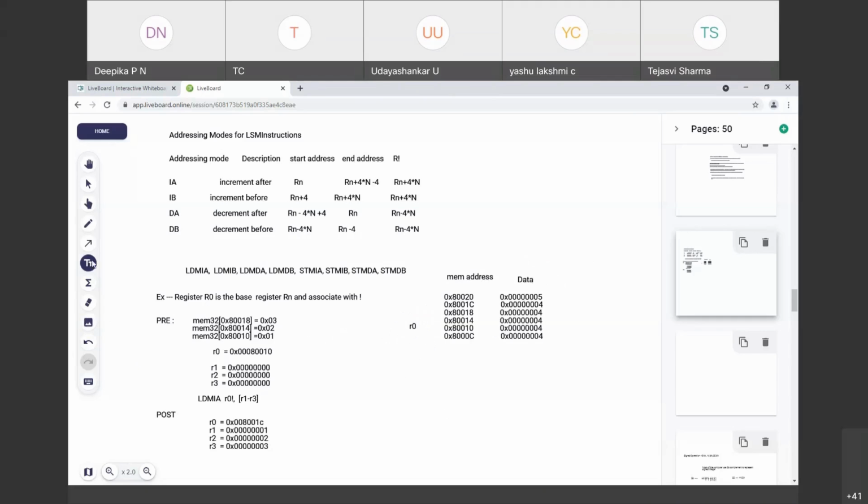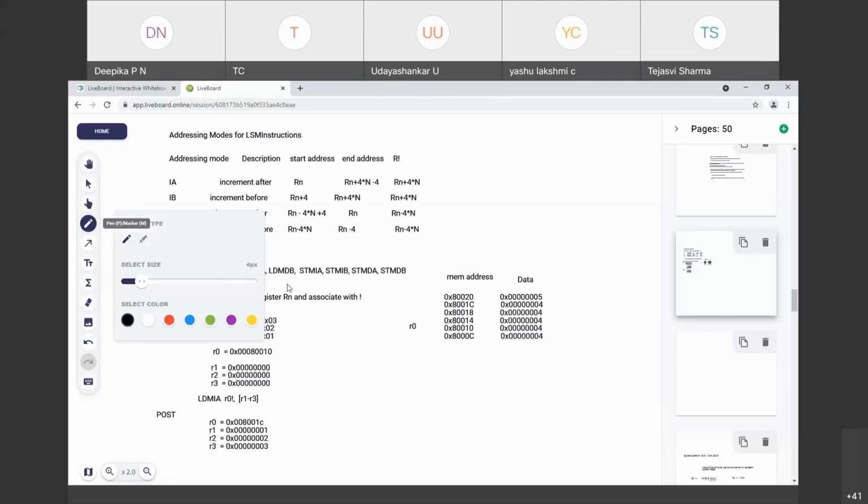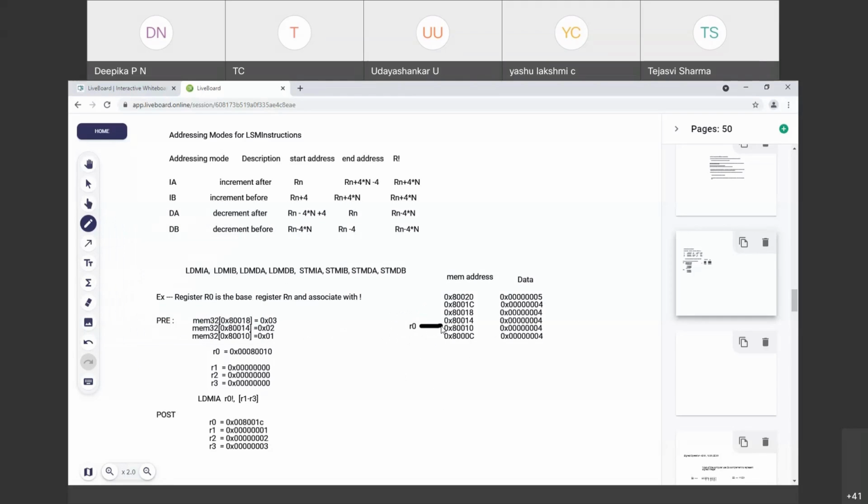It is pointing to the content 0x00080010. You can see in the program, the precondition says R0 is equal to 0x00080010. It is pointing to this memory location.